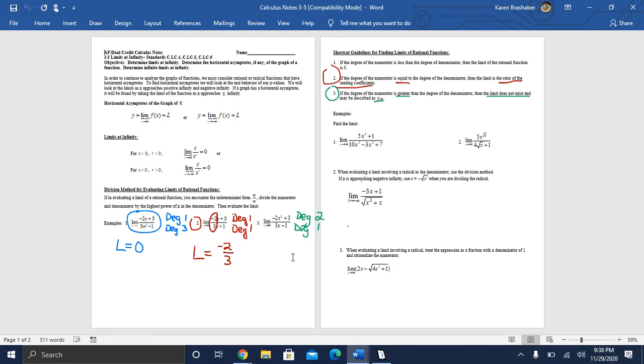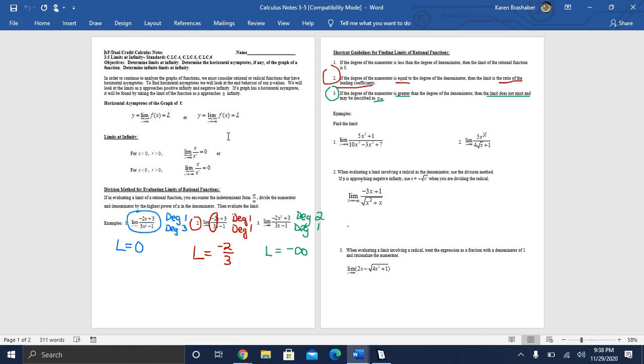So the numerator degree greater than the denominator degree, the limit does not exist, but we can describe it by either positive or negative infinity. And since we had a negative over a positive, we have negative infinity. So the limit didn't exist, but the limit was described as negative infinity.